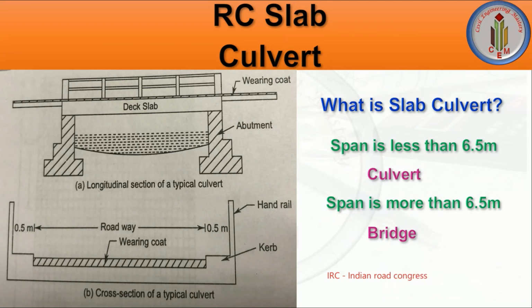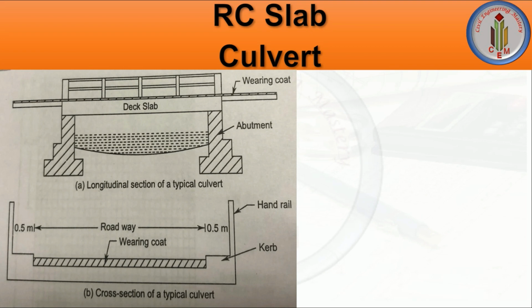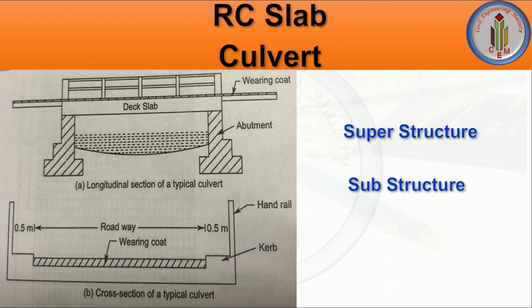In this IRC code, we have many parts for each type of structure, such as bridges, load combinations, and what all comes on the roadways. We have different parts of the IRC code, and according to the specific design we need to refer to the particular part. In a slab culvert, we have the superstructure and substructure.